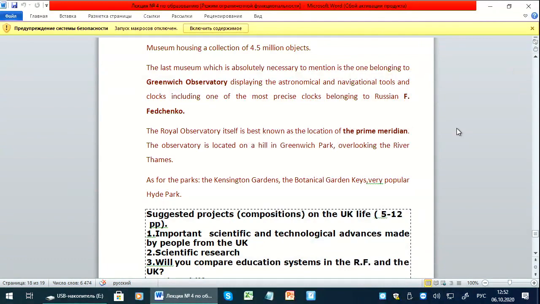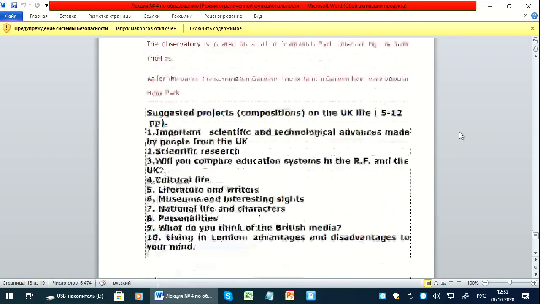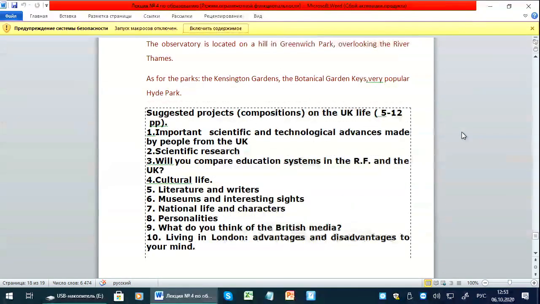Important scientific and technological advances made by people from the UK. Scientific research. There is a question, will you try to compare education systems in the Russian Federation and in the UK? Well, then, I'm sure that some of you would like to write about culture, about the cultural life of this country.